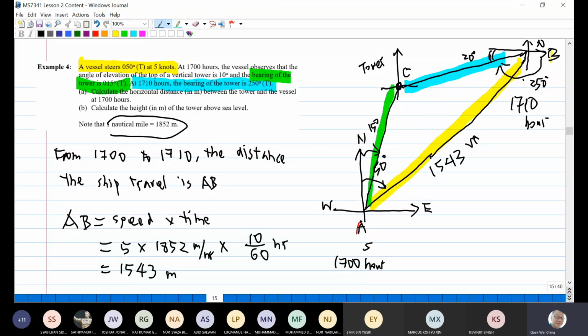So the ship at the beginning at 1700 is at location A, then after 10 minutes the location is B, and the tower is called C. Of course you can name it a different way. There's no reason why you give certain names. Important thing is the triangle must be correct.